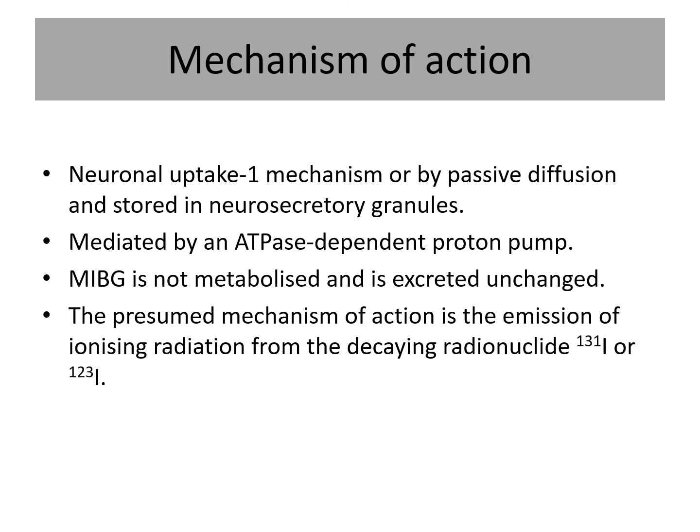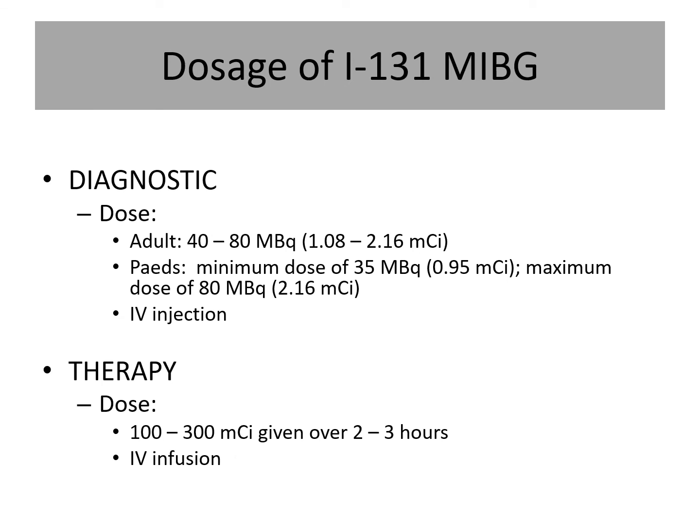Unlike noradrenaline, MIBG is not metabolized and it is excreted unchanged. The presumed mechanism of action is the emission of ionizing radiation from the decaying radionuclide iodine 131 or iodine 123. So this MIBG is not only used for diagnostics, but it can also be used for therapeutics.